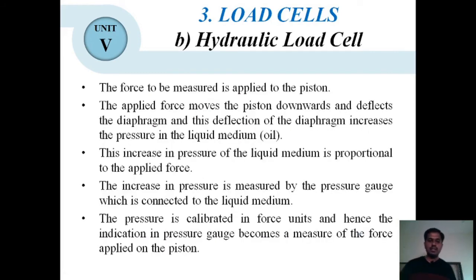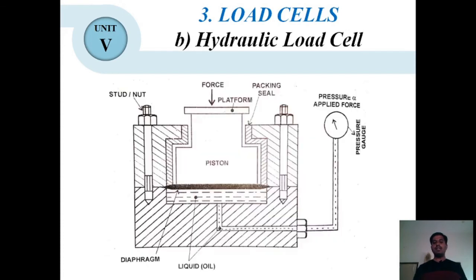So this is the procedure. As we have already discussed, the force to be measured is applied to the piston. This applied force moves the piston downwards and deflects the diaphragm, and this deflection of the diaphragm increases the pressure on the liquid medium.